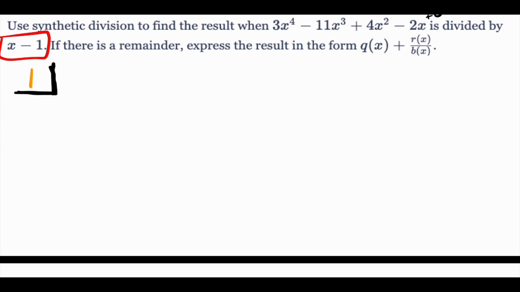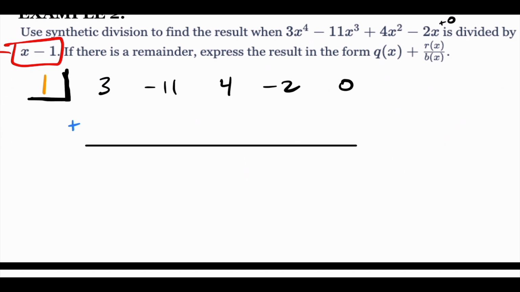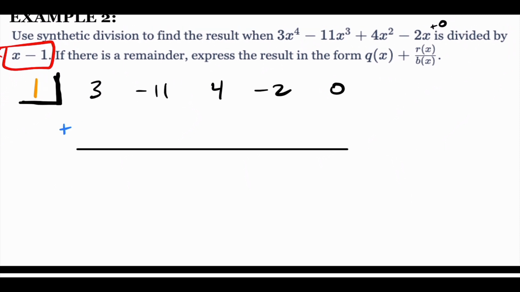So 3, negative 11, positive 4, negative 2, 0. Okay. Setup is done. Do the process.